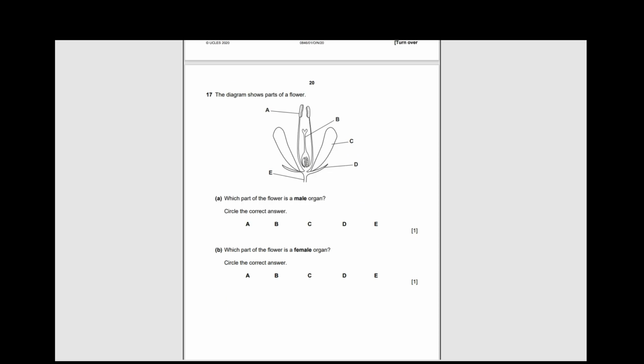Question number 17. The diagram shows a part of the flower. Which part of the flower is a male organ? Circle the correct answer.